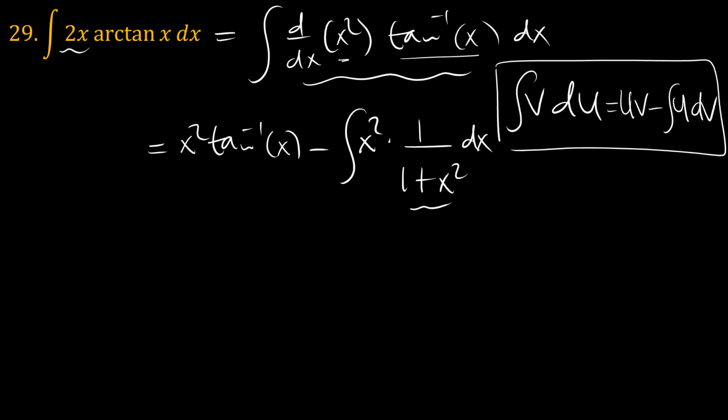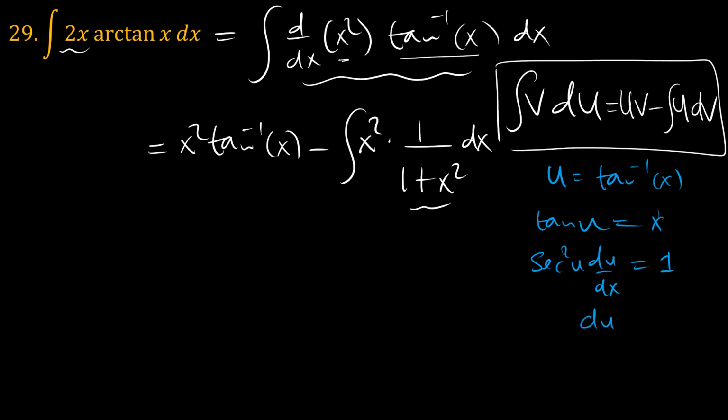So if you have a function u being equal to the arctangent of x, that means that tangent of u is equal to x. Therefore, sec squared u du/dx is equal to 1, derivative of that, and therefore du/dx is equal to 1 over sec squared u, which is the same as 1 over 1 plus x squared.